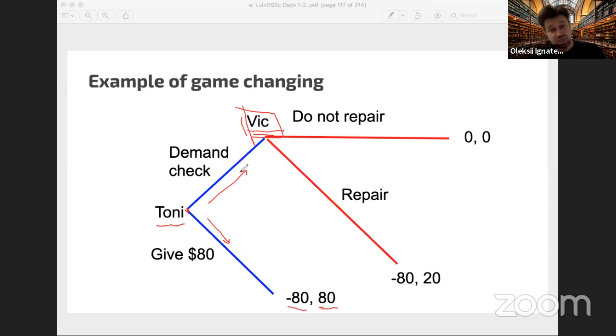If he demands the check, then if this guy does not repair, they both get zero. But if he repairs, then Tony will lose his $80, and this guy will get a satisfaction estimate of around $20. But it's not money; he just polished the car on one side. But the car is not new, so it's not a big deal.